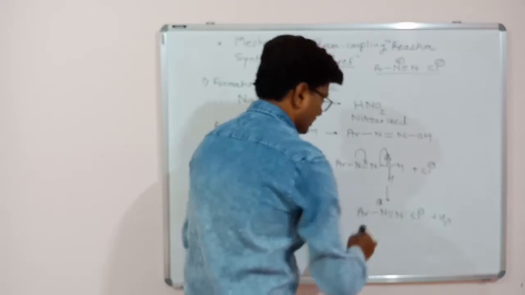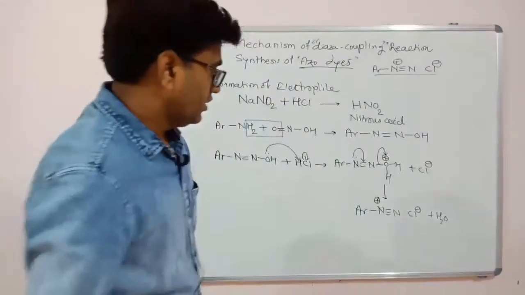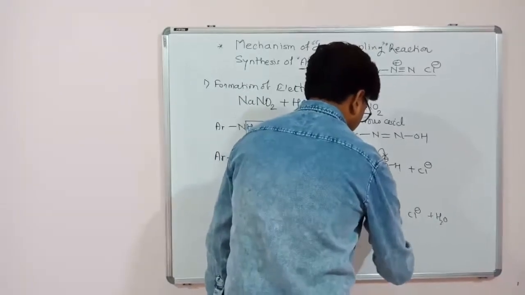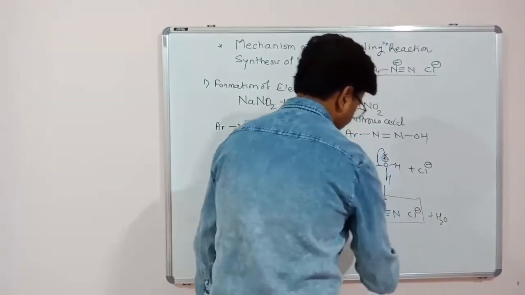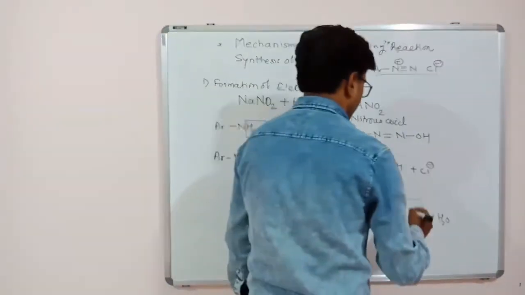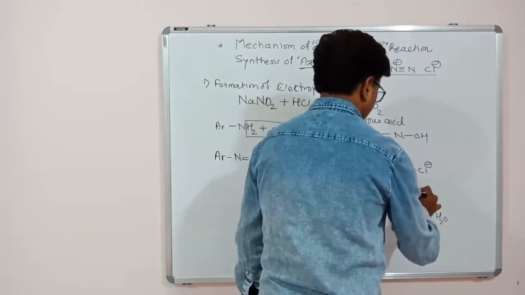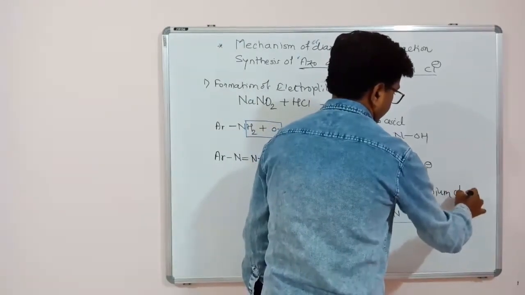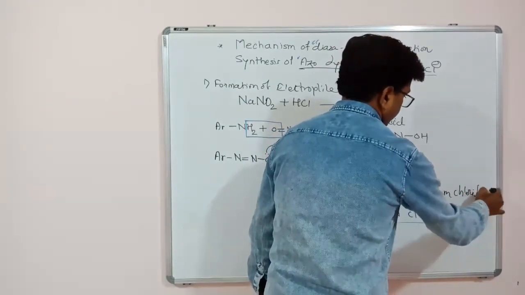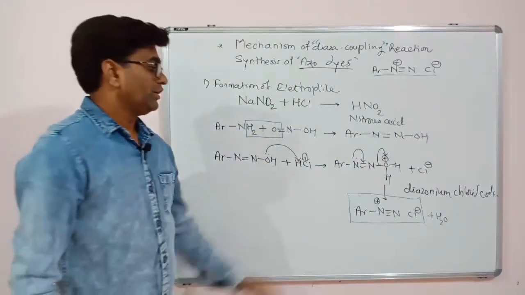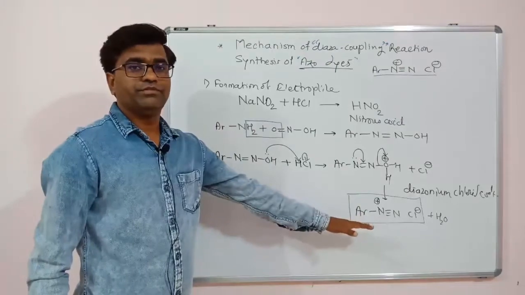So this is our electrophile, which is called the diazonium chloride salt.